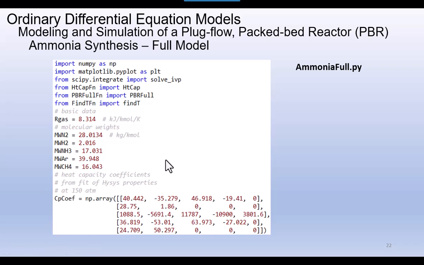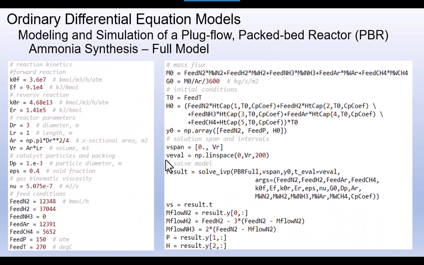Of course, it's essential that you maintain consistent and correct units throughout a script, and the comments can help you with checking that. We also have all our dimensional quantities and operating conditions here. And then we come over to the block of code that solves the differential equations.